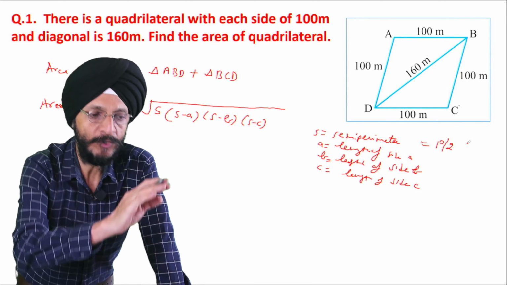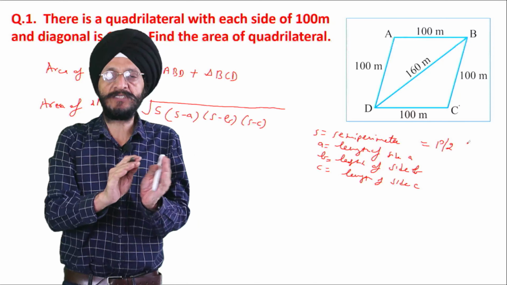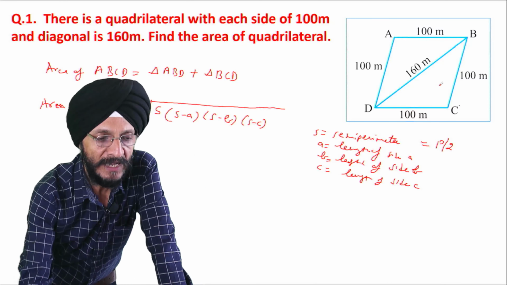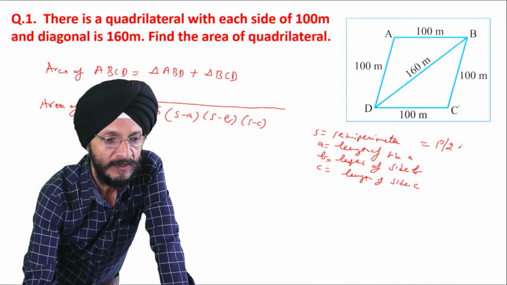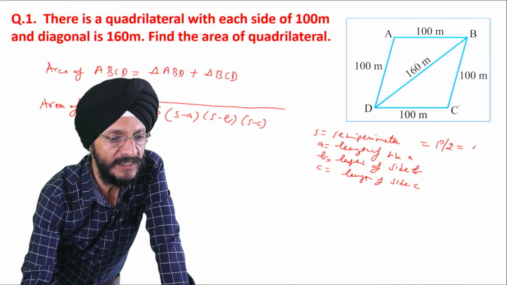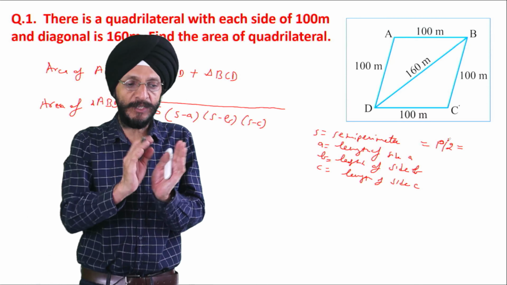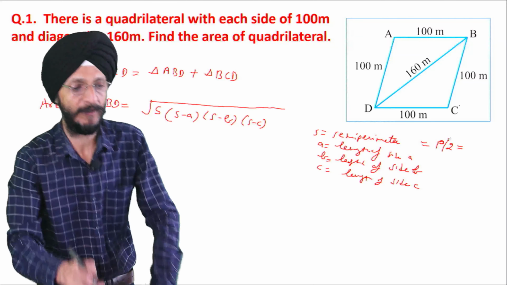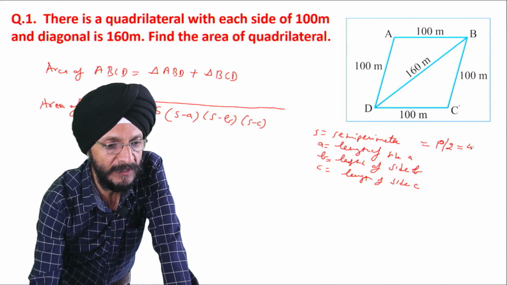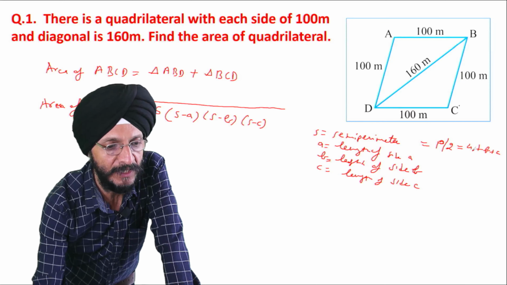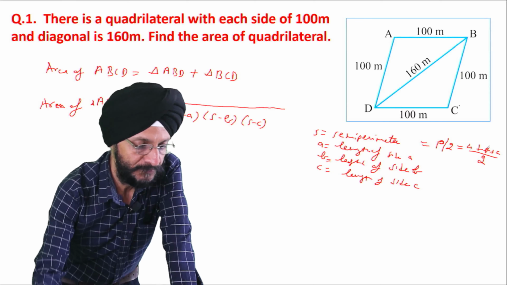Perimeter is the total of length of all the sides, or we can say that perimeter, in case of a triangle, is equal to the length of three sides of the triangle. So here semi-perimeter is equal to A plus B plus C divided by 2.